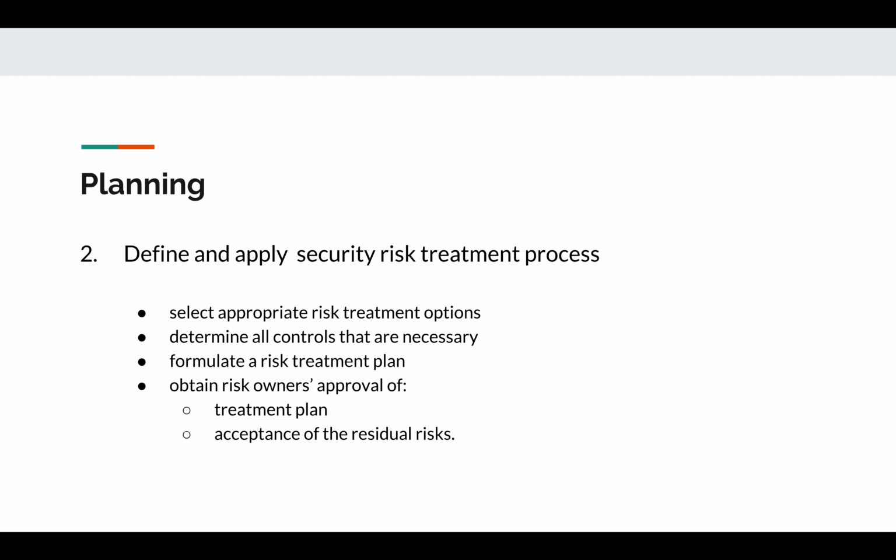And we also need to formulate a risk treatment plan, so everybody has a plan to follow. And after we have all this plan and strategy and policy, we need to obtain risk owners' approval. We need to get the approval of the plan and the approval of the acceptance of the residual security risk.